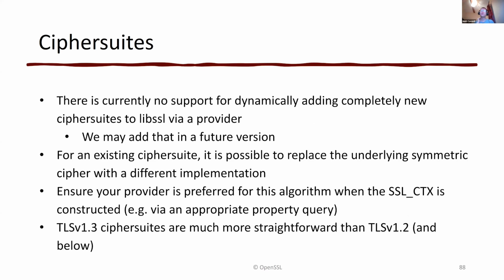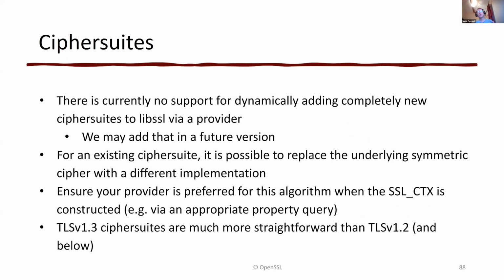We don't currently support the concept of dynamically adding completely new Cipher suites to libSSL. You're stuck with the ones that we support that are already built in. It's possible at some future version that we could add that, but right at the moment, we don't do that. What you can do, though, is replace the underlying symmetric cipher that's used with your own implementation, if you want to.